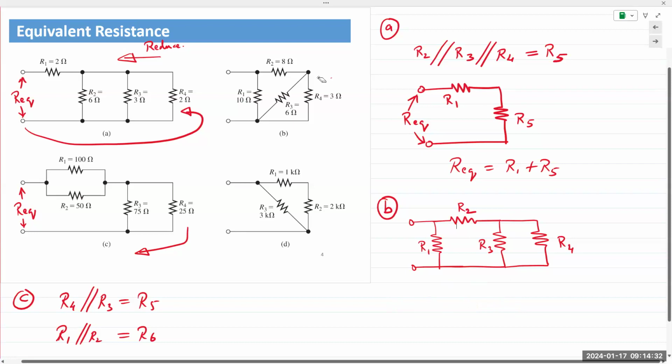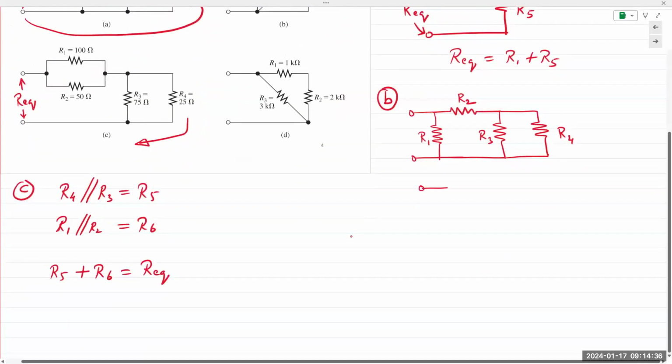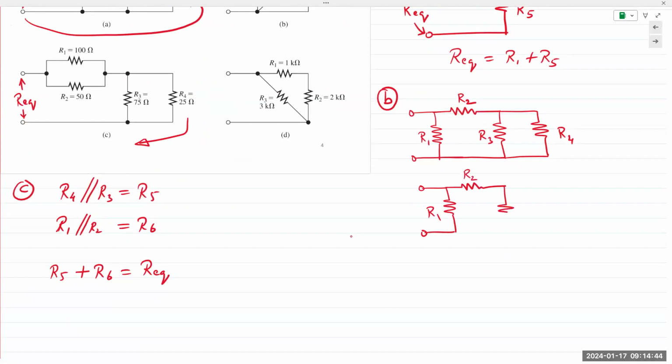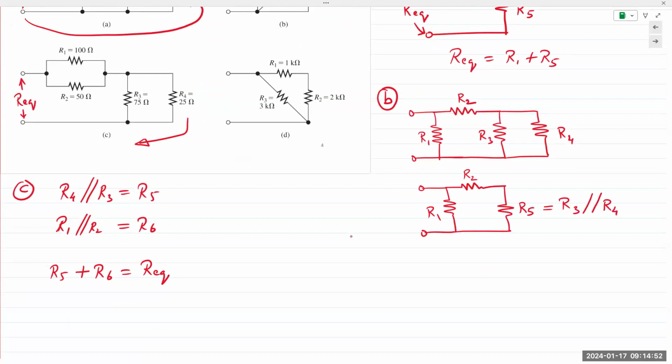Let's redraw one more step. So I have R1 here, R2, and then I will call this R5. R5 is the parallel combination of R3 and R4.